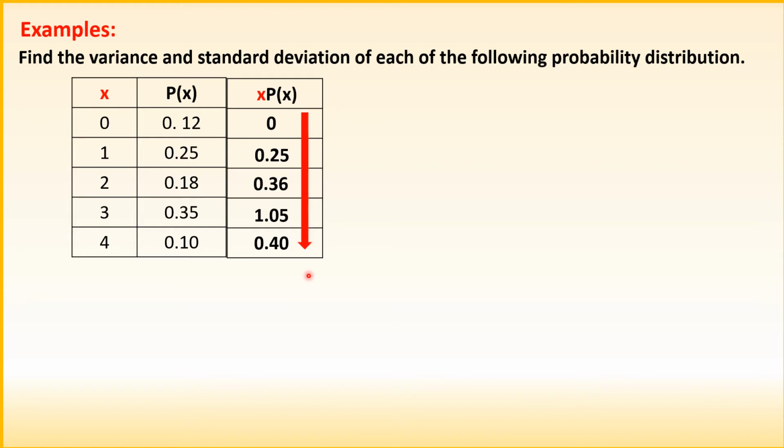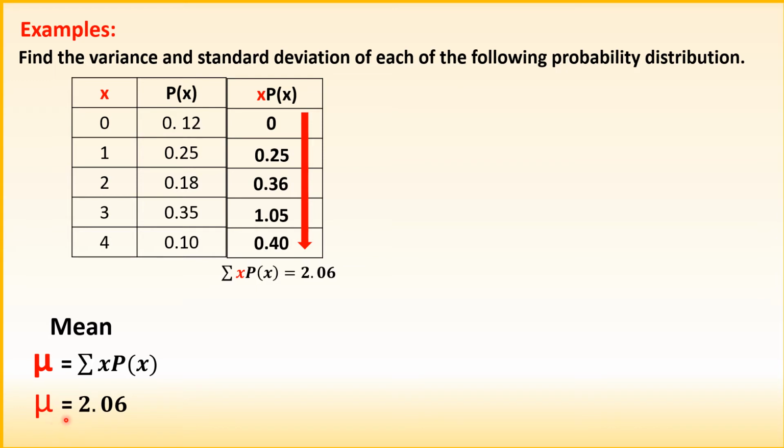Then after that, we're going to get the sum of this. Ito na yung summation, and that is equal to 2.06. So, since meron na tayo ditong summation ng outcome times the probability of outcome x, therefore, meron na rin tayong mean. Kasi kung ano yung value nito, value na rin ang mean. So, we will have now, mean is equal to 2.06.